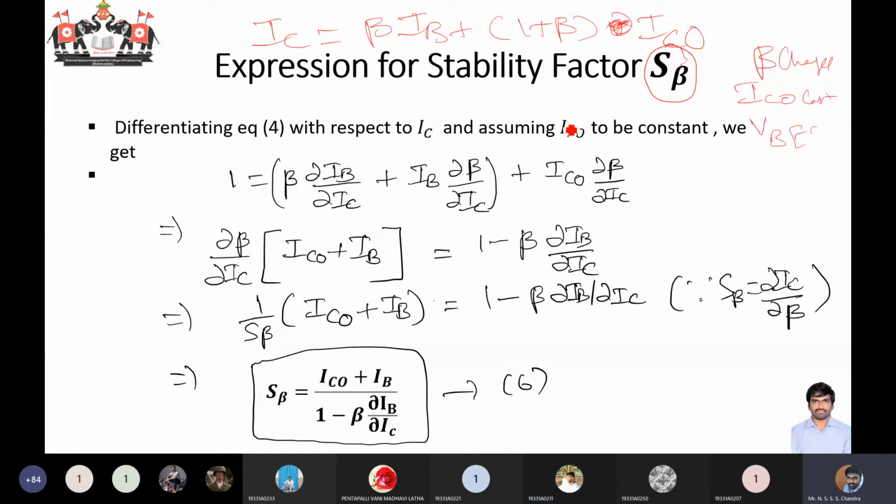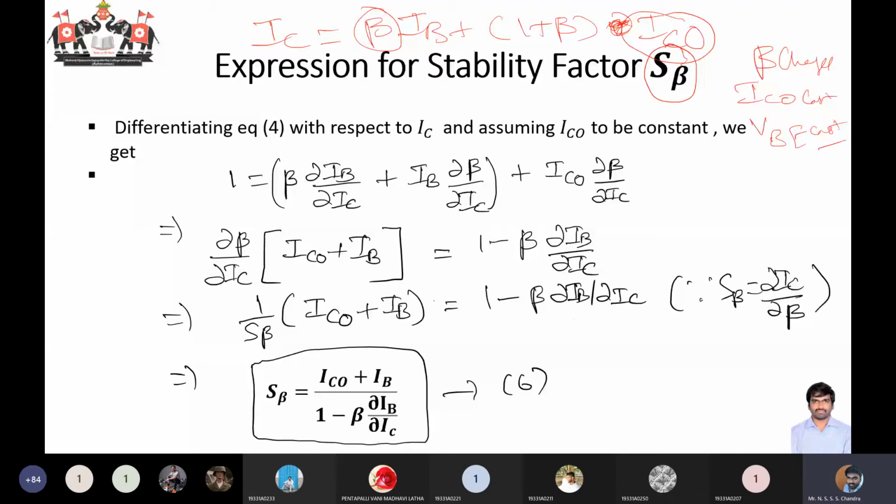So in this expression, beta is a variable now and IC0 is a constant now, unlike the case where we derived for S. When you are deriving for S, beta is a constant and IC0 is a variable. But here beta is a variable and IC0 is a constant.